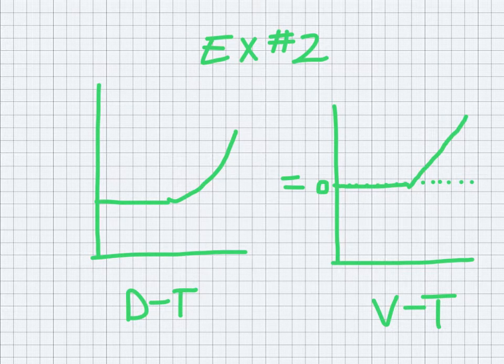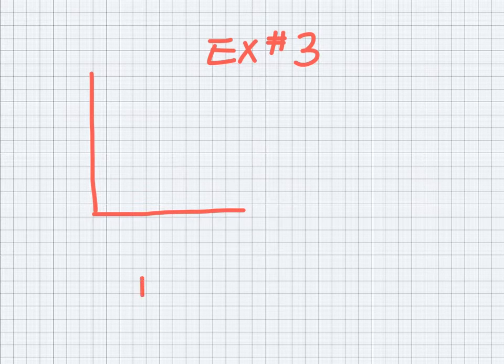Okay, so let's do another one. How about this one? We'll call this example number 3. We're going to make it a little more challenging. What do we have here now? We have this distance time graph.